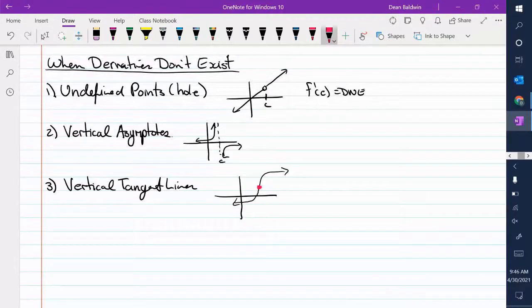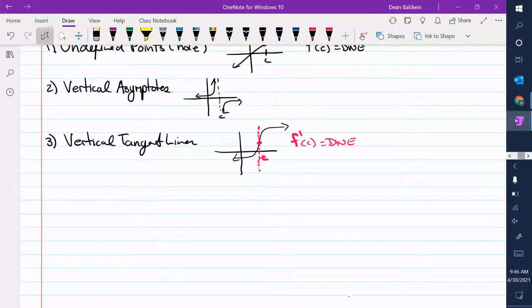Well, there was that point. That's a really bad line, but that's a vertical tangent line. The derivative does not exist at a vertical tangent line. So if I called that c, again, f prime of c does not exist.